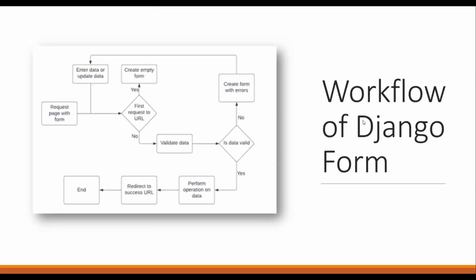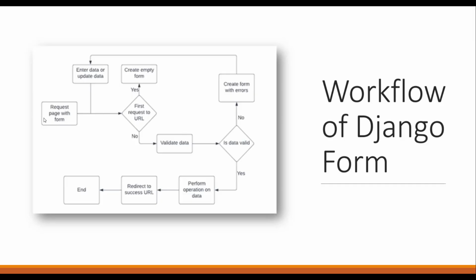So let's understand the workflow of the Django form. Here you can see that when a user requests a form for the first time, it displays the default form. With this I mean that when we are establishing a new record, the form may include blank fields or it may be pre-filled with an initial value.